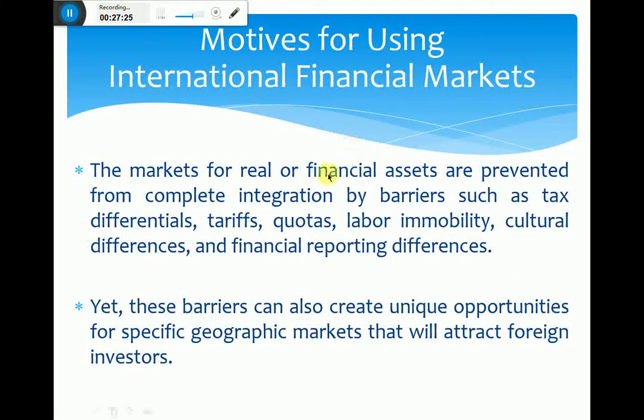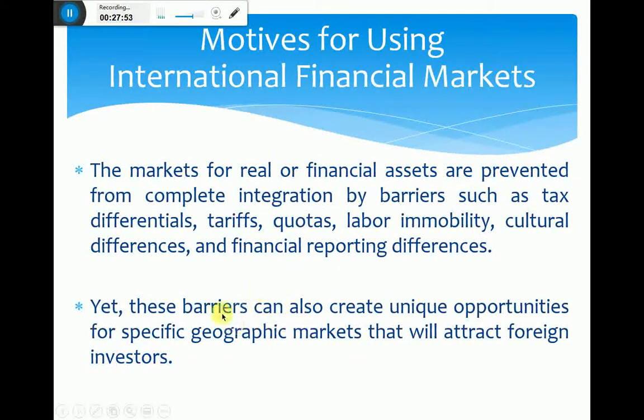Each country has different tax laws, different tariff laws, and different quota systems, and moving labor from one country to another is impossible. And there are cultural differences and financial reporting differences. All these differences and difficulties are faced by multinational corporations because they operate in different countries.